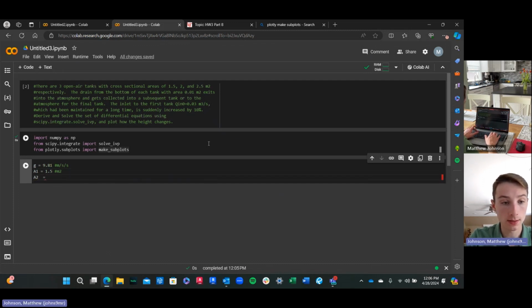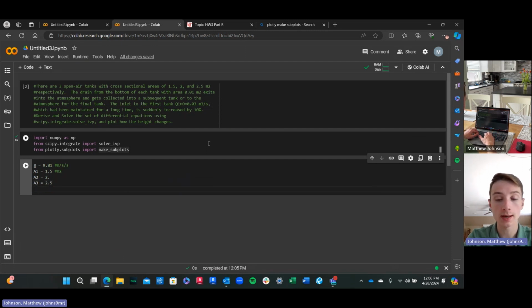A2 is 2, and A3, we have 2.5. Okay, then we know that the hole in the bottom of each tank has a cross-sectional area of 0.01 meters squared. So we can say that little a1 equals 0.01, those are the same for all of them.